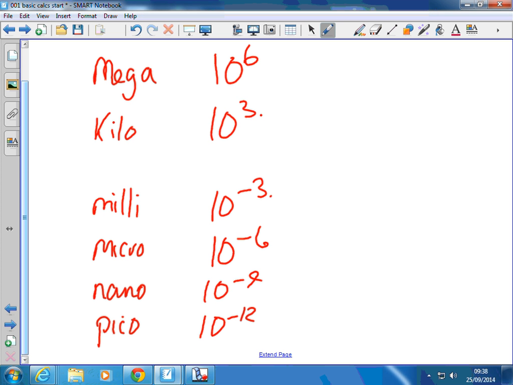Alright? So you're going to come across nano and pico possibly in values of capacitance mainly, milli in resistance possibly, current for sure, and also inductance in millihenries. Mega, you're only really going to come across that in resistance, maybe in watts as well.